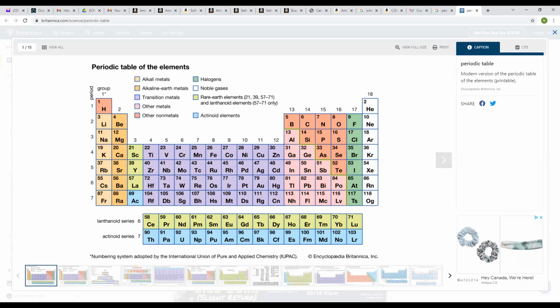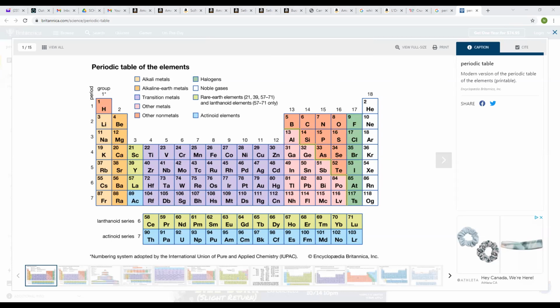What's the next question? How can you determine the number of electrons in an element's outer energy level by the group that it's in? We were actually just talking about this. Anybody want to put it into their own words? Just looking at the group numbers, those numbers are the electrons?